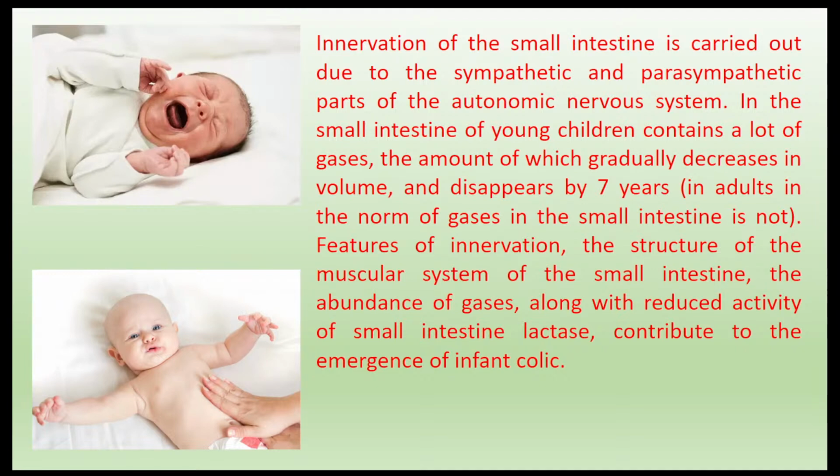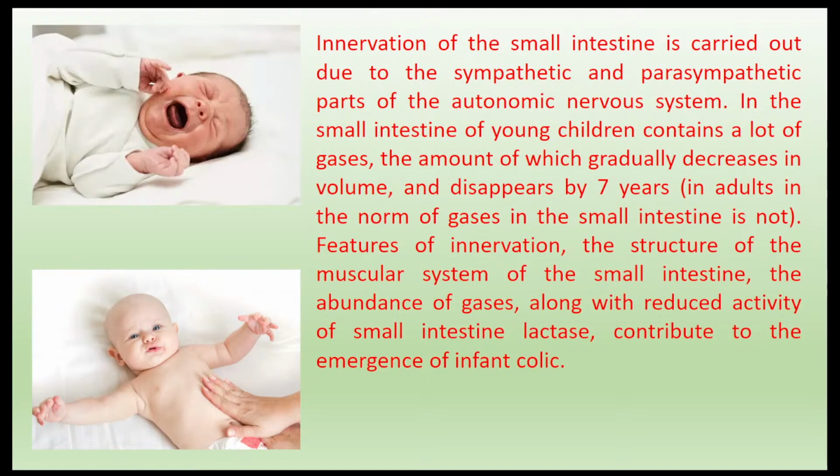The amount of gas gradually decreases in volume and disappears by 7 years. In adults, in the norm, there is no gas in the small intestine, but in children younger than 7 years old, it may be present.